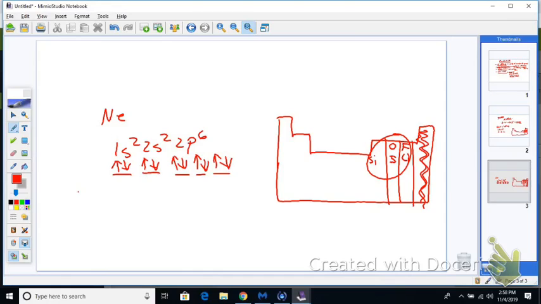Okay? Nitrogen's not on our list. So let's look at nitrogen, one that doesn't want an electron. On our list, nitrogen would be number 7, and it has a 0. Nitrogen's a 0. So here's nitrogen.